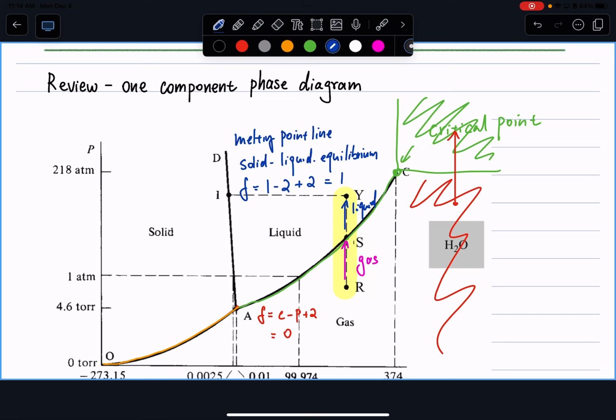So some of the things we know will be equal at equilibrium. For example, we expect the molar Gibbs free energy to be equal to each other, and the change of your molar Gibbs free energy also equal to each other at equilibrium. All right, so at S, this is my gas phase.